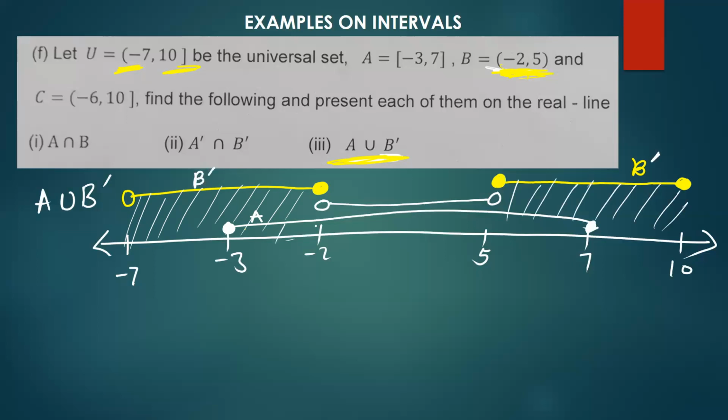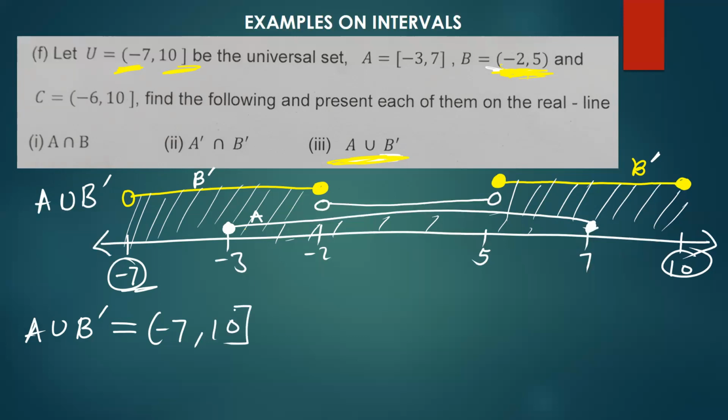When you combine the two sets, A union B complement will therefore be equal to the first number and the last number that you have there. The first number is -7, and the last number is 10. So it has just given us the universal set.